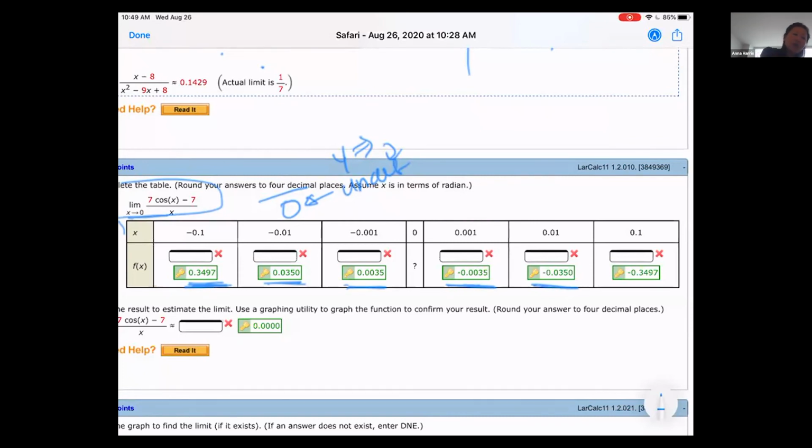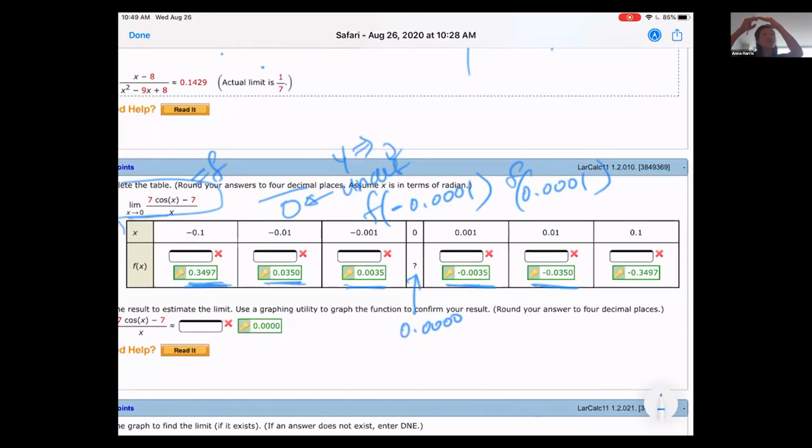If I'm not so sure, I can try 0.0001 and see what this number approaches. I'll call this my F. Then you will definitely see it. This will approach 0.000. So you have a limit. The y value is approaching 0.